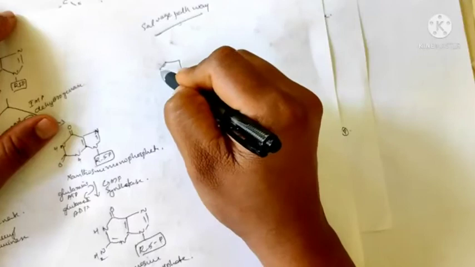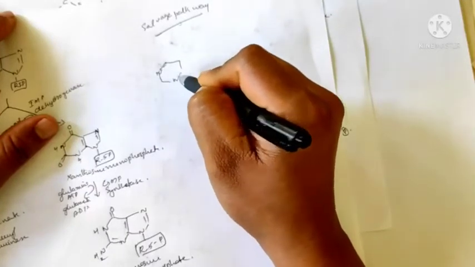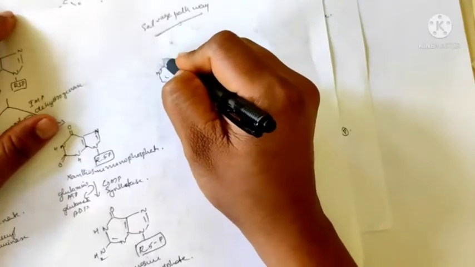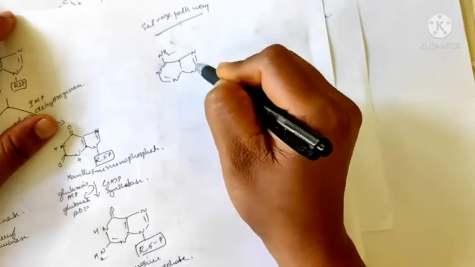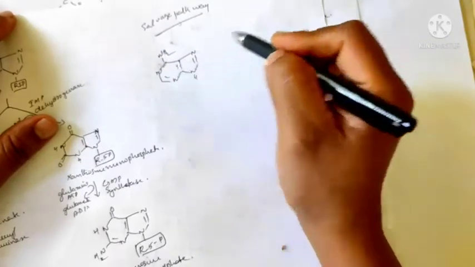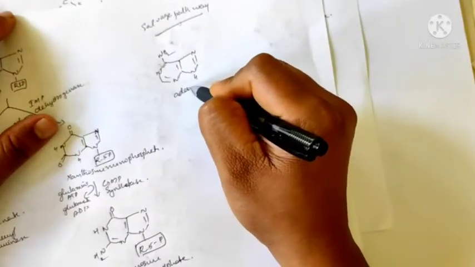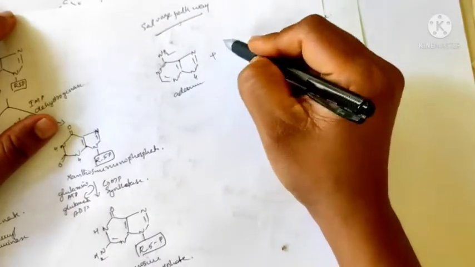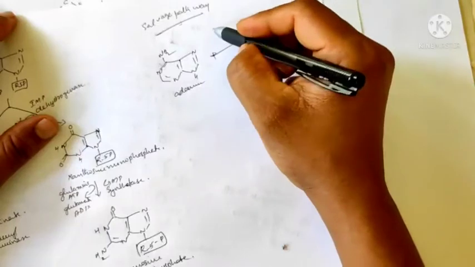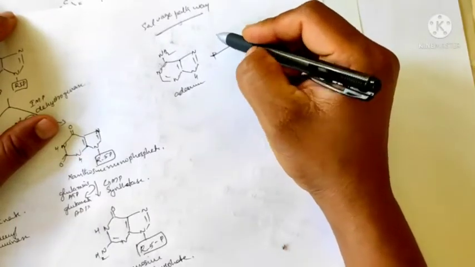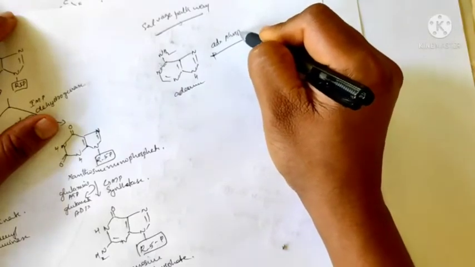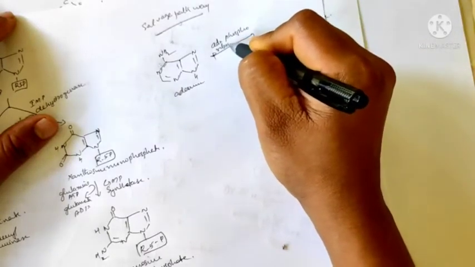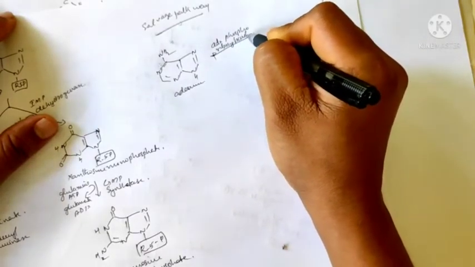So adenine, NH2, N. See, this is adenine. The enzyme adenine phosphoribosyl transferase transfers a ribose 5-phosphate to adenine forming AMP.